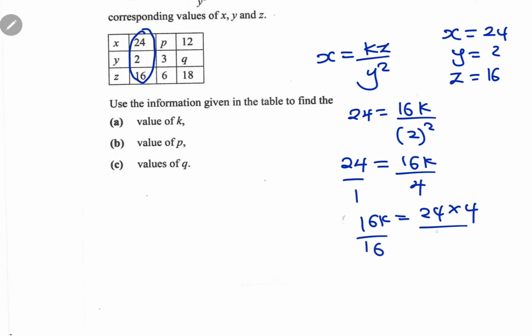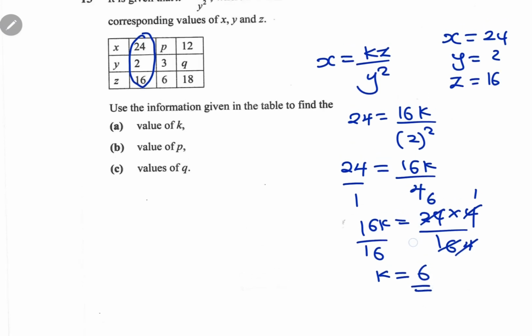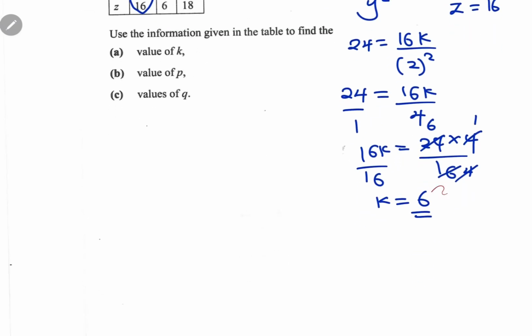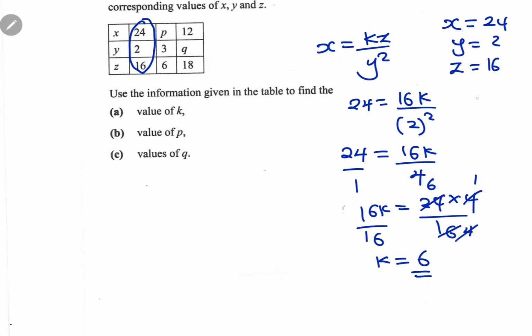Divide 16, divide 16. K is equals to 16, 4 into 4, 1. 4 into 16 is 4. 4 into 24 is 6. So 6 times 1 divide 1 is 6. So k is 6. Then we can put it back. Okay, we can put back the k so that we can use it to find other questions.